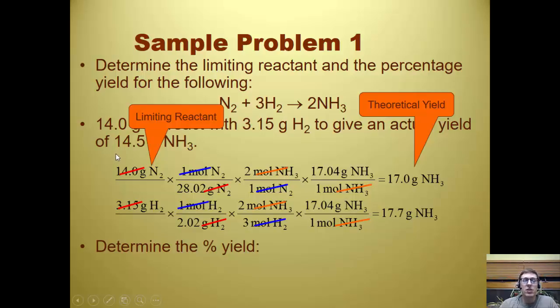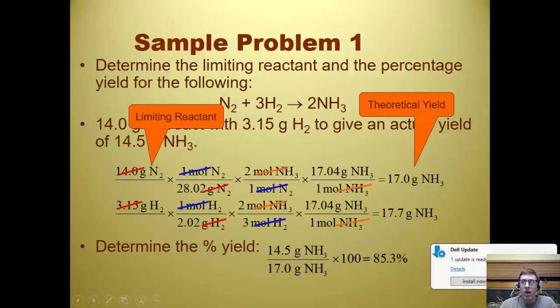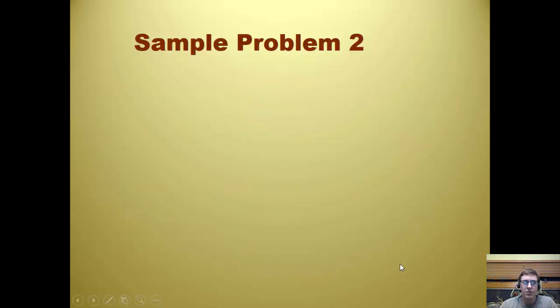Hard to see here, but it's 14.5 grams of NH3. That is the given for a different problem. We know our formula is actual over theoretical. We get our theoretical from here. We get our 14.5 from the problem. So we have 14.5 grams of NH3 divided by 17.0 grams of NH3 times 100 gives us 85.3%.